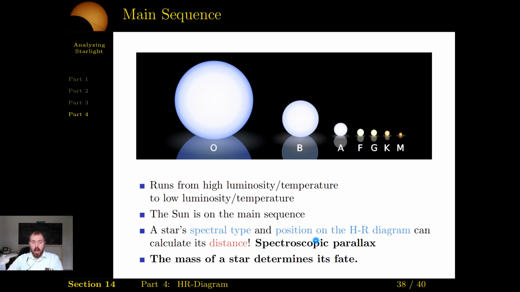But we will talk about how I can use the spectral type and its position on an HR diagram to get its distance. And I've said this before, and this is going to really start applying a lot now. Knowing the mass of a star helps us predict where in the HR diagram it falls and what its life cycle is going to be.